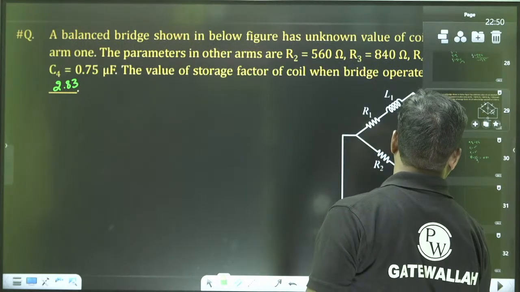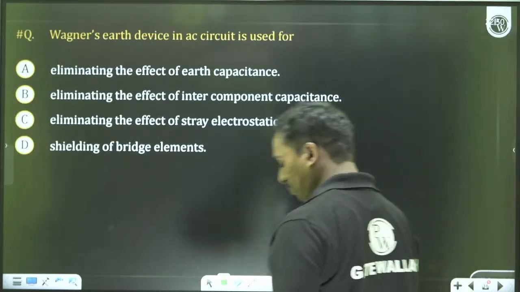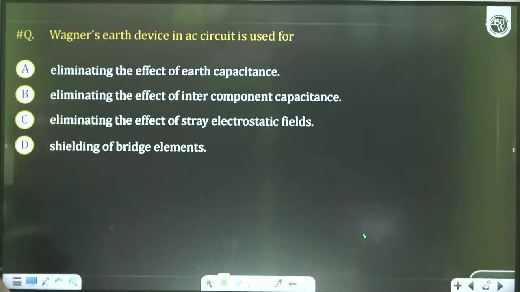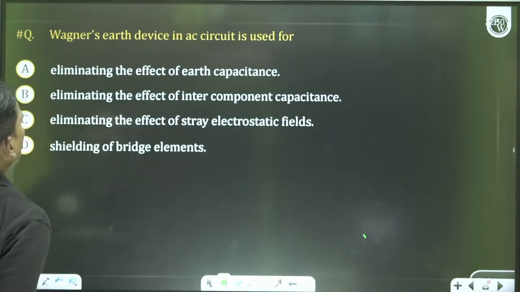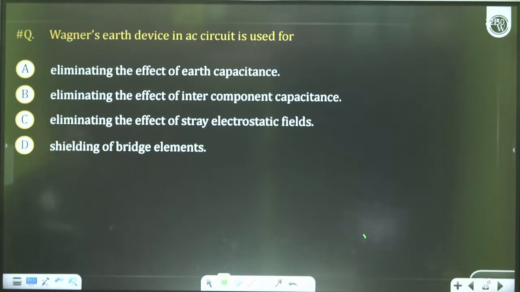Next, this one. Wagner earth bridge is generally used for eliminating the effect of earth capacitance, eliminating the effect of intercomponent capacitance, eliminating the effect of electrostatic fields, or shielding of the bridging elements. The right answer here is eliminating the effect of earth capacitance.